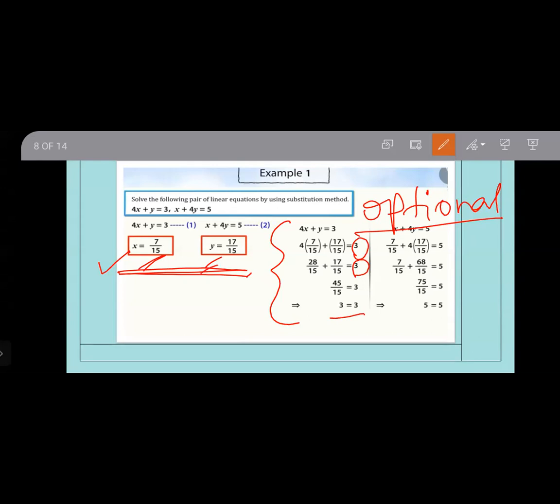Now if you substitute in equation 2, again you will get 5 equal to 5. So whatever answer you have got for x and y, they are correct as they satisfy the given equations. Again I will tell you that this part is the optional part.